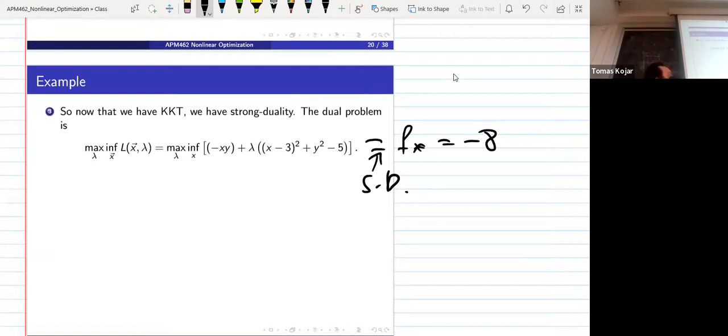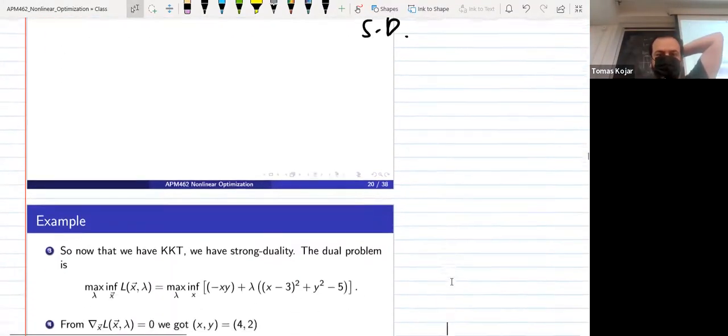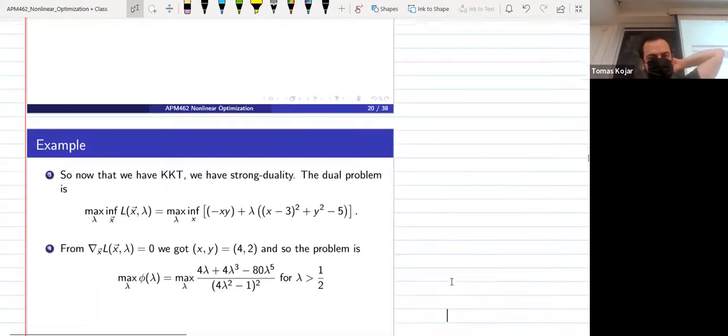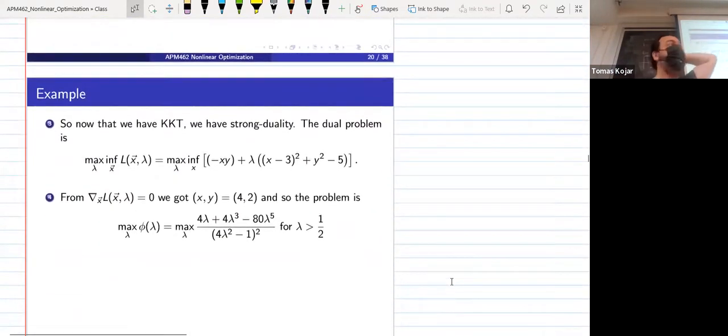Okay, I'll do this by hand. I will compute this stuff. Again, you set your gradient to 0, and you get your 4, 2. Then I plug my 4, 2 into my dual. Remember, my dual is equal to the infimum of the Lagrangian.